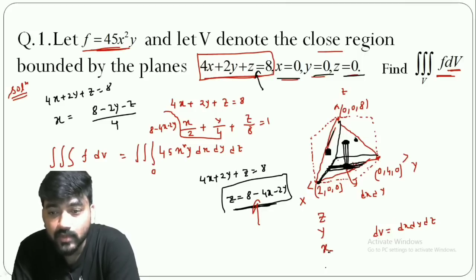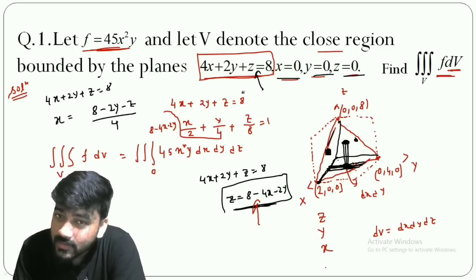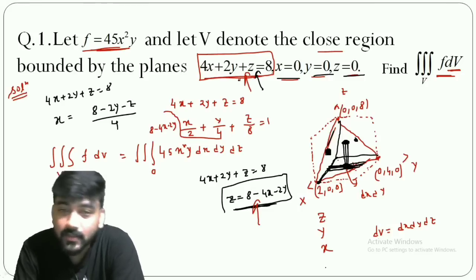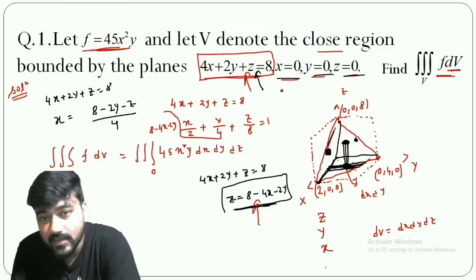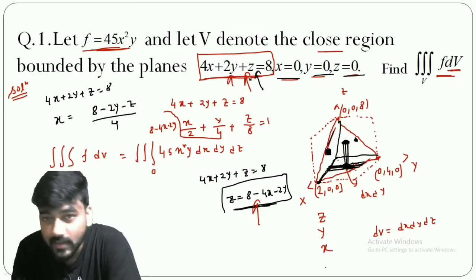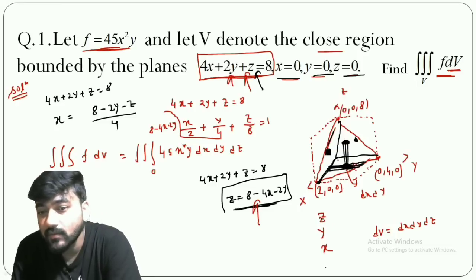First choose the limit of z, then the limit of y, and then the limit of x. How do you choose the limit of z? Just from the surface that you are given. Sometimes it is given in terms of a surface; it is not necessary that it will always be a plane surface. Whatever surface you are given, first find out z.